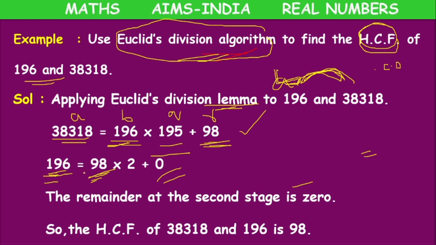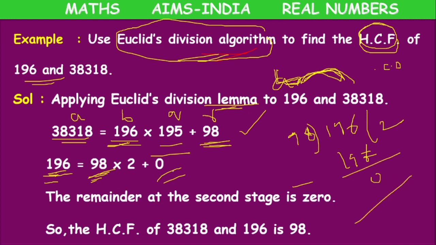So how can we write 196? If we divide 196 by 98, 98 twos are 196, so it cancels and the remainder will be 0. After applying Euclid's division lemma for two steps, we have got the remainder 0.